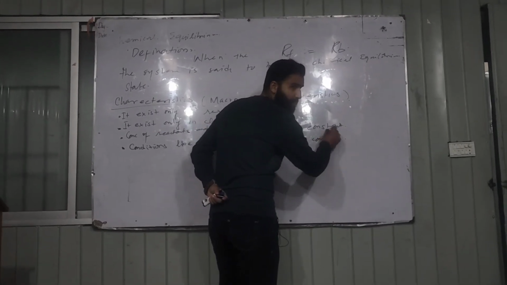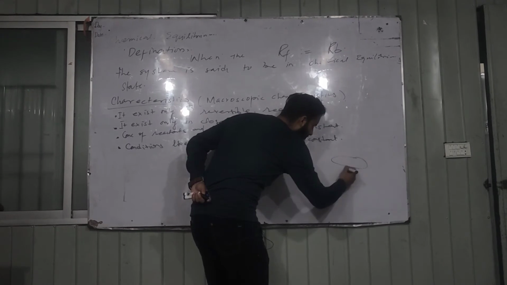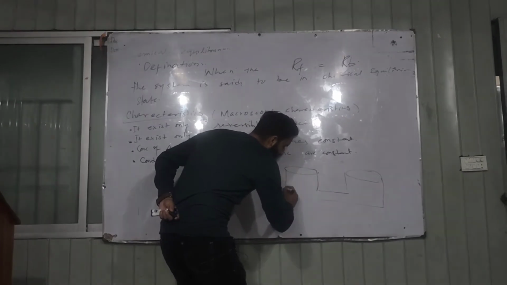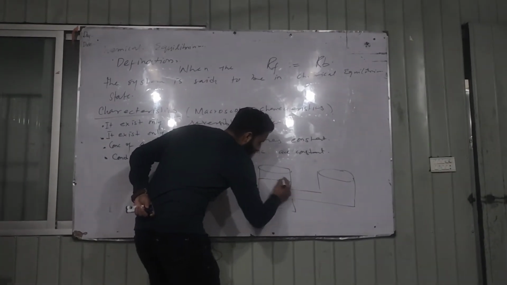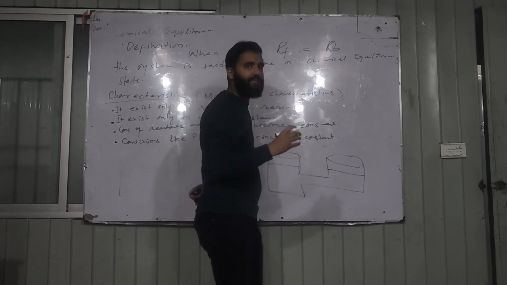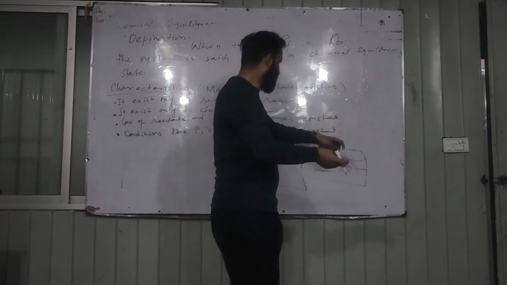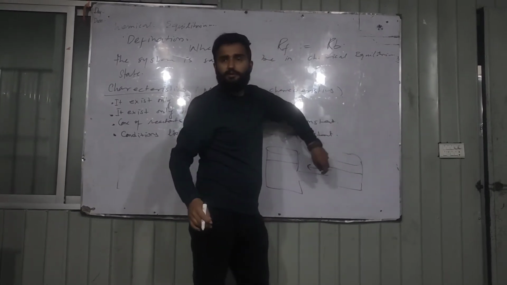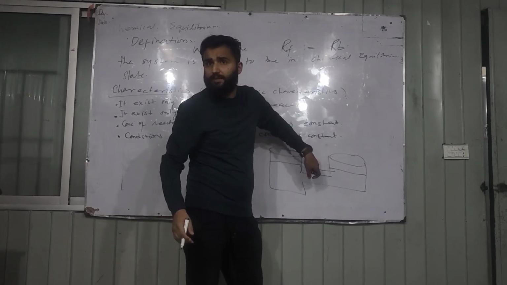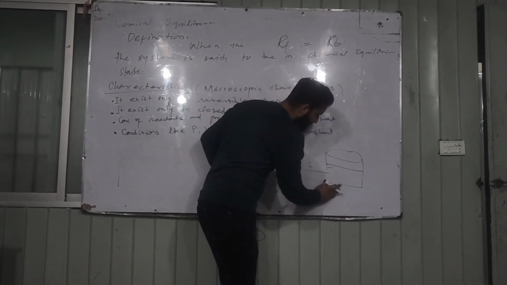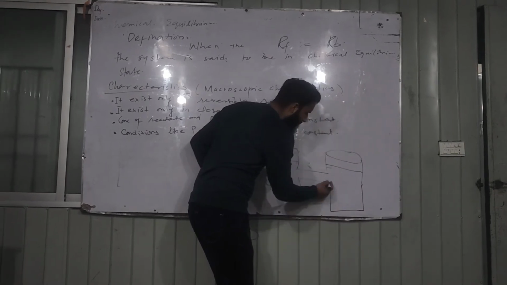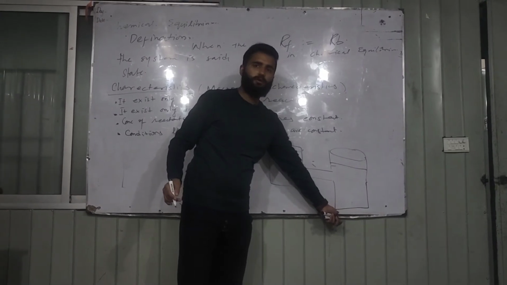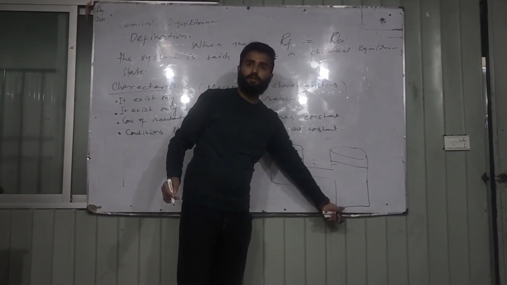Whenever you have equilibrium, for example, here I am going to discuss a chemical system that is in equilibrium state. What will happen if I change the concentration, if I add products on this side? The equilibrium will be disturbed. What will happen if I change the volume of the pot?